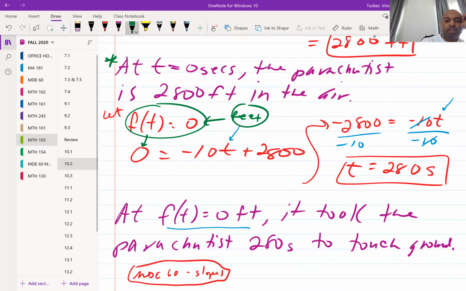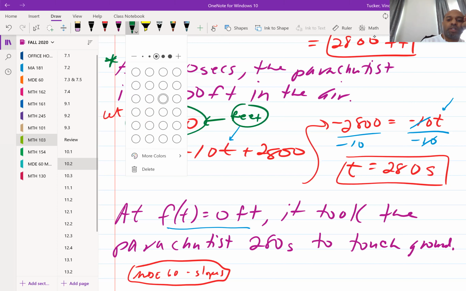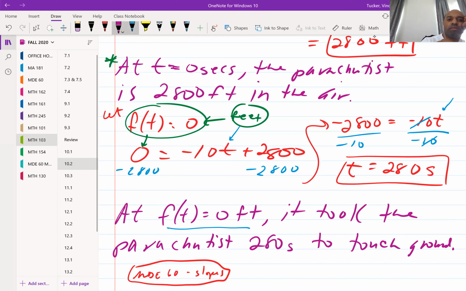So we have 0 is equal to negative 10t plus 2800. Now to solve for t, subtract 2800 from both sides. 2800 cancels on the right. Then you have negative 2800 equal to negative 10t. Divide by negative 10, and t is equal to 280 seconds.